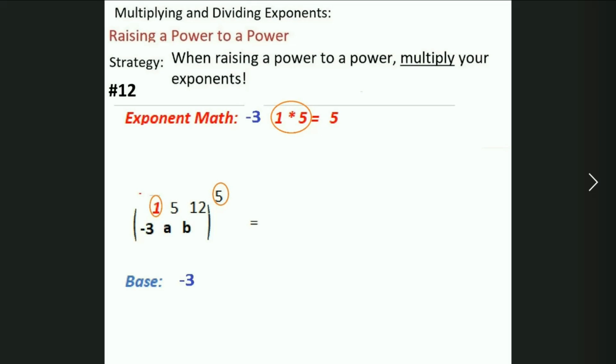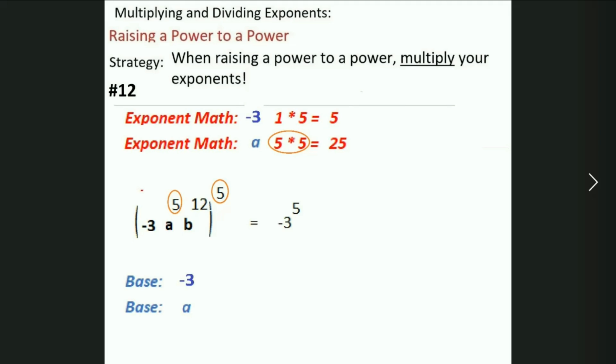So -3 to the 1st power raised to the 5th power, that's 1 times 5. So we end up with -3 to the 5th power. The next thing we're going to look at is our base a. a has an exponent of 5, and we're raising it to the 5th power. So for this exponent, 5 times 5 is 25. So we end up with a to the 25th power.